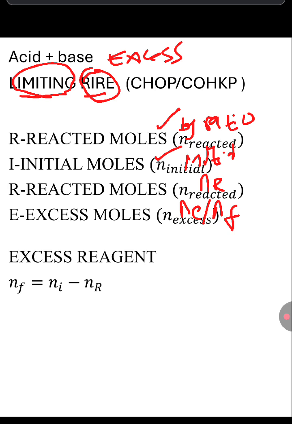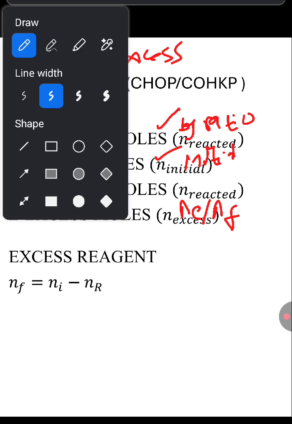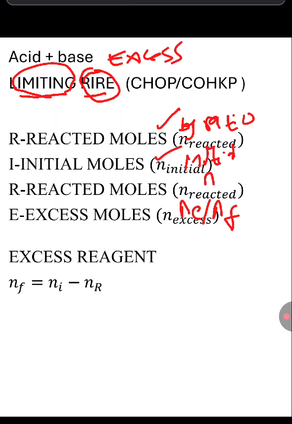Then for the reacted number of moles, I will just use NR. This is just more like your RICE table in Kc.